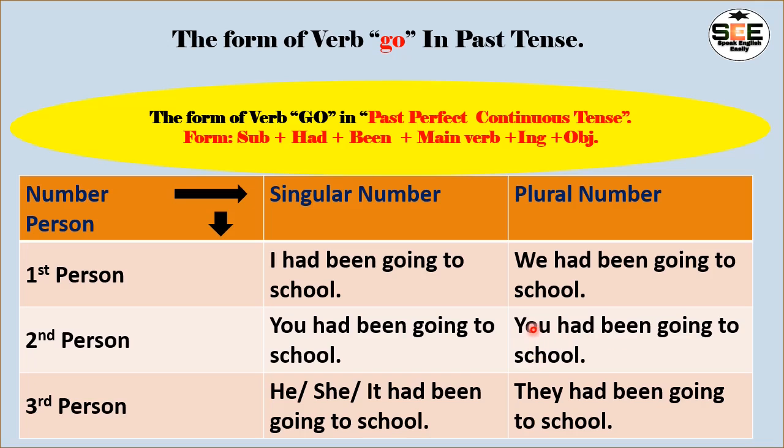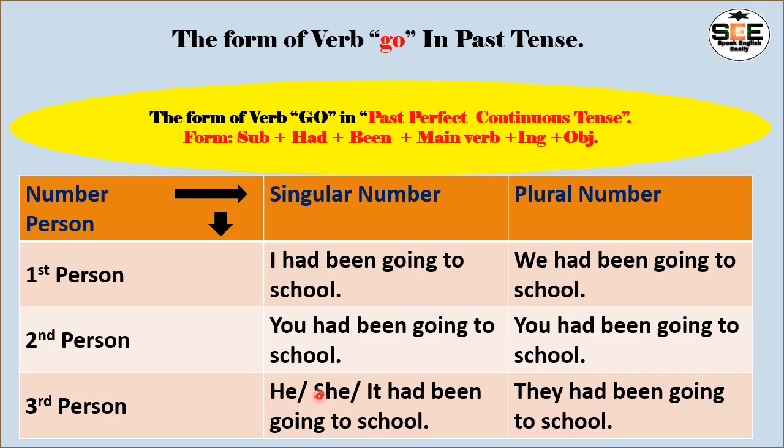So here you is the subject and had is the helping verb, and been is the be verb's past participle form, and go plus ing is the main verb plus ing, and school is the object. Here also for third person we can say that he, she, it had been going to school.